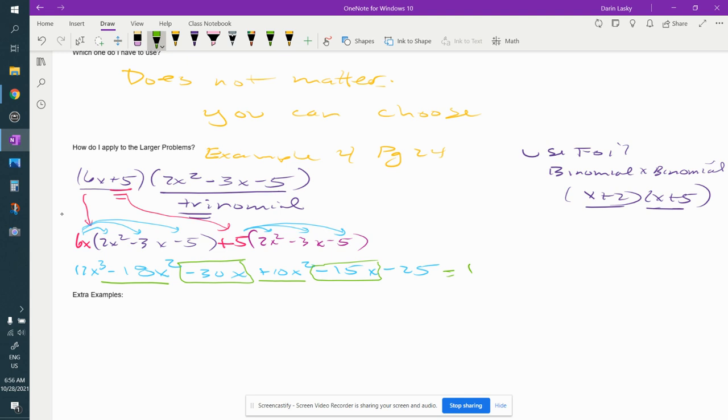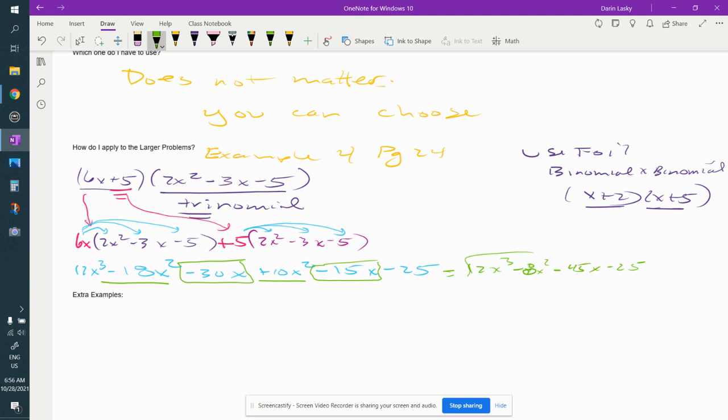So I get 12x cubed. We're going to get negative 8x squared. Oops, that's supposed to be an 8. Sorry, guys. My hand gets tired writing on this thing when I first write on it. Negative 8x squared, and then negative 30 minus 15 is negative 45x, and then we're going to get negative 25.